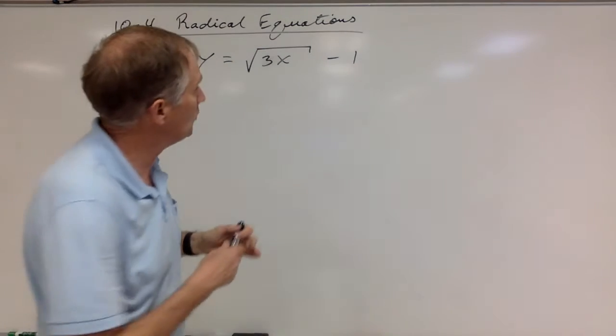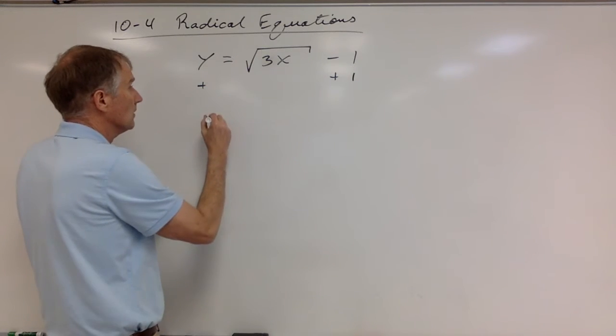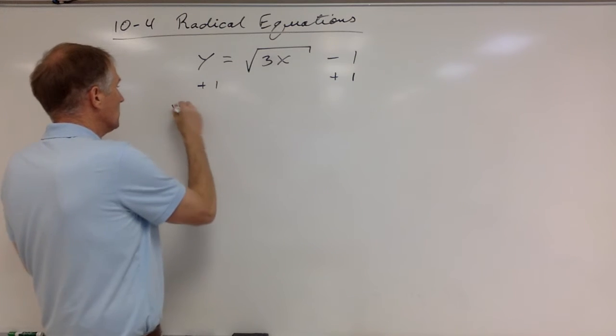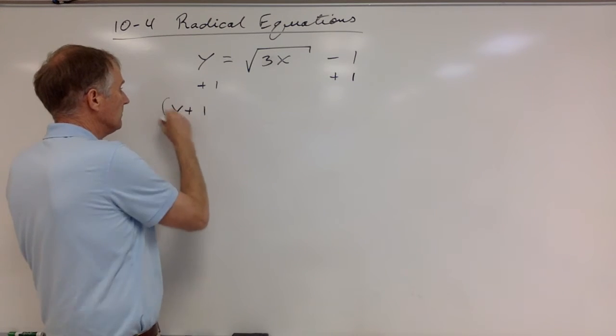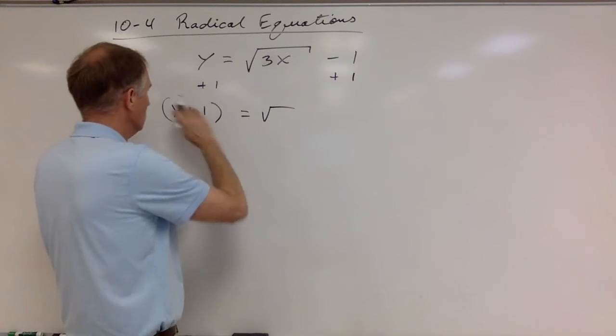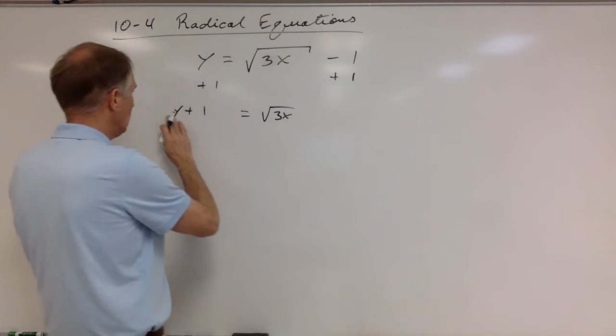And the way I would do that would be to add the 1 first. So this would become y plus 1 equals the square root of 3x.